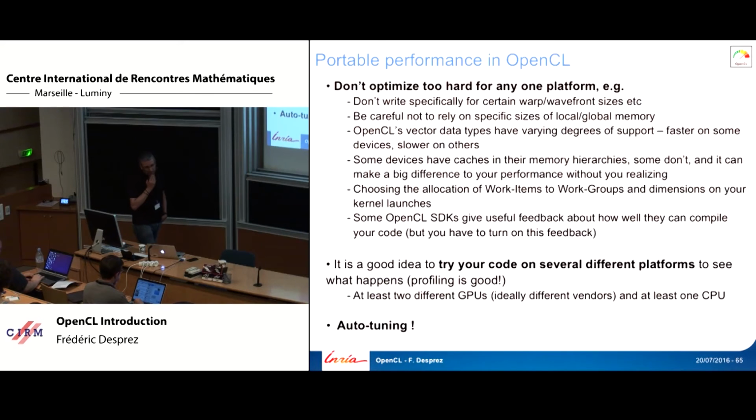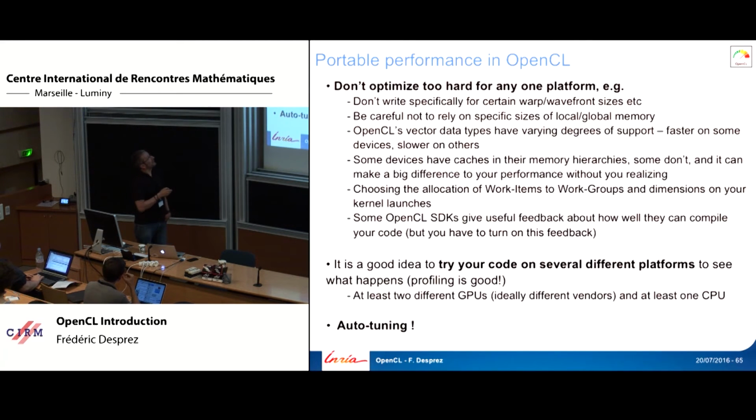So, to have portable performance in OpenCL, I said that you should tune your application for your target platform, but people from OpenCL tell you not to do that, in fact. To have portable performance, you should not have very specific optimizations for specific architectures. Otherwise, when you go from one architecture to another one, you might have different execution times.